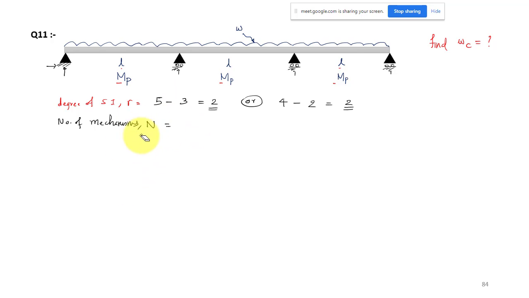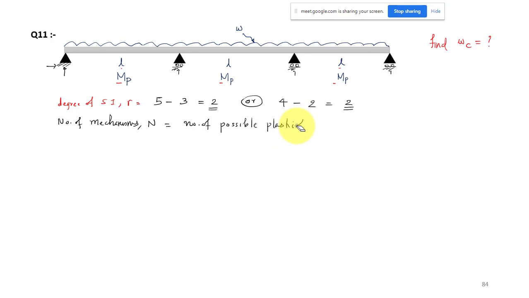I don't know what symbol I gave in that slide, some equation N minus r. I don't remember exactly, maybe small n. Anyway, I'm taking capital N as the number of mechanisms. So you have to write the number of possible plastic hinges.